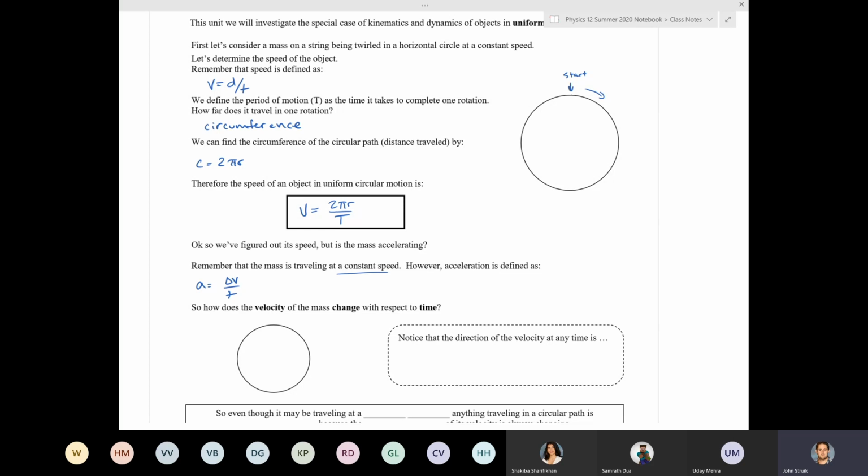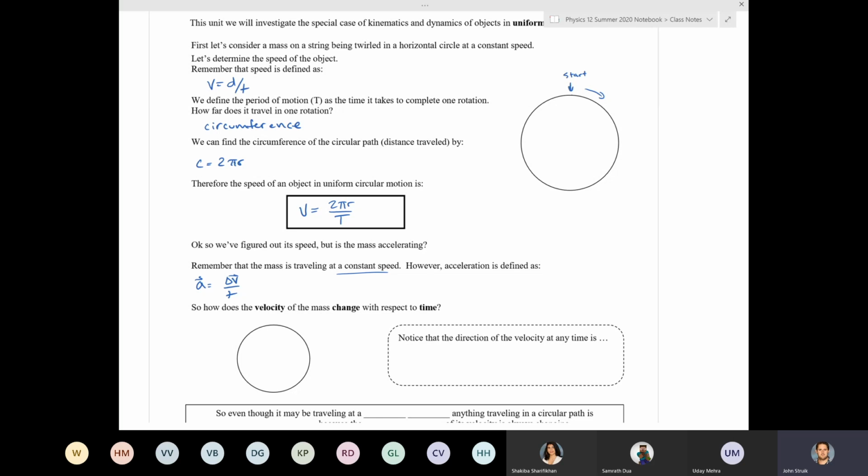But look at the formula again. Acceleration is a change in velocity over time. And velocity is defined as a change in speed and position. Okay, so velocity, speed, and position.